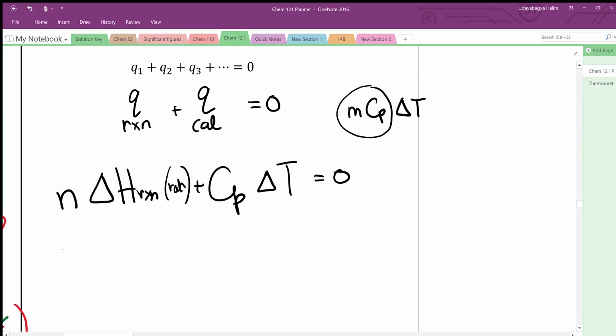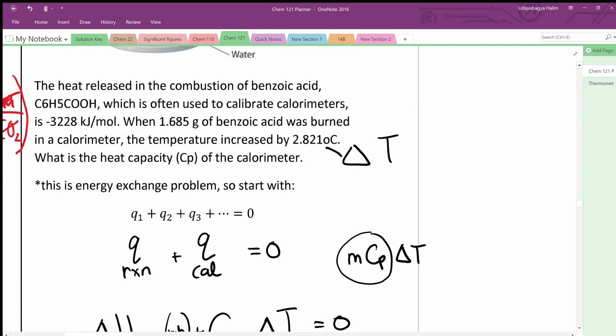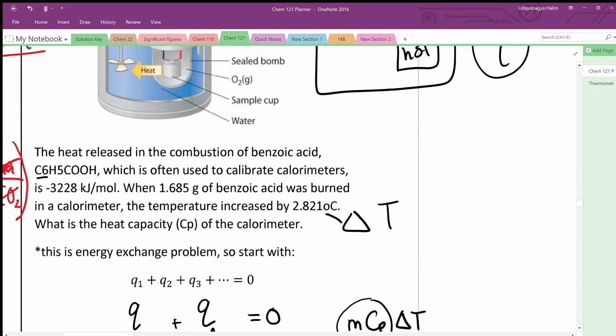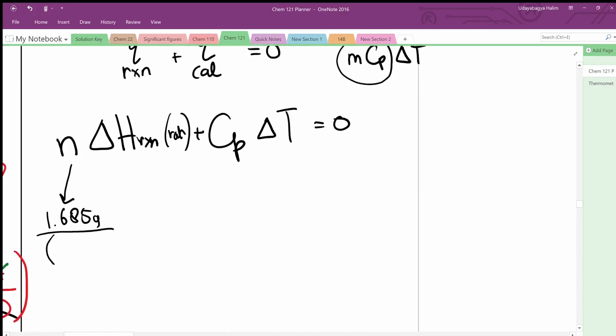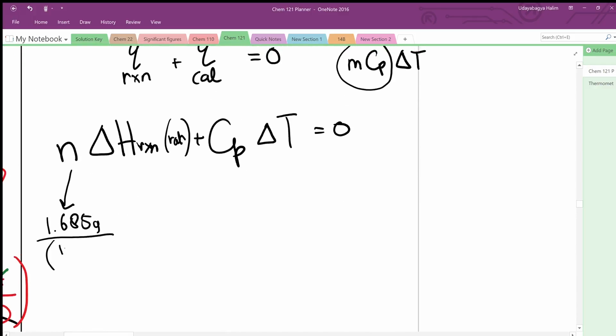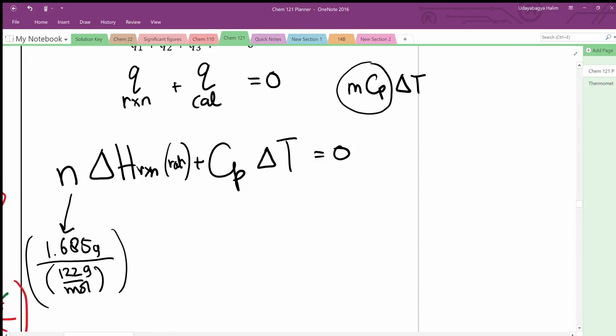I know the number of moles is just 1.685 grams divided by, if you look at the molecular structure of benzoic acid, you have 7 carbons, 6 hydrogens, 2 oxygens, and so on, you'll find that the molecular weight comes out to 122 grams per mole, times the delta H of reaction. In this case, is negative 1,385, I think.